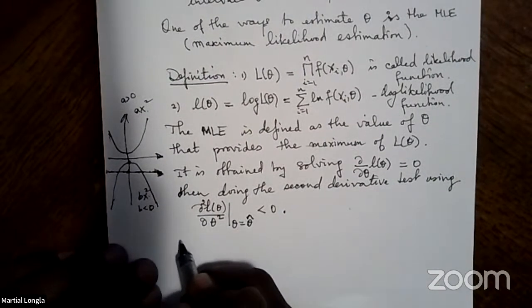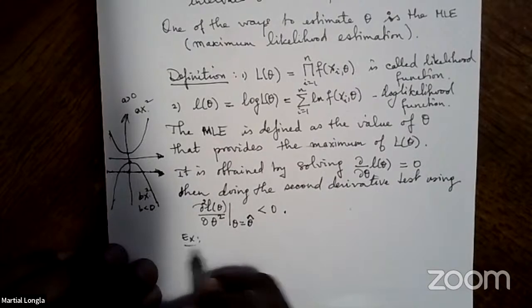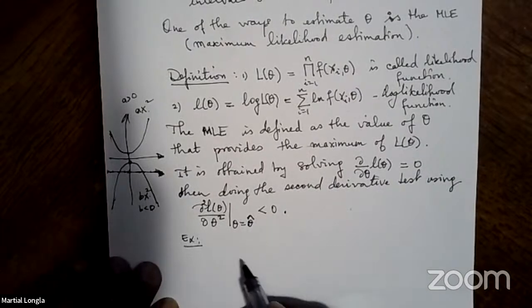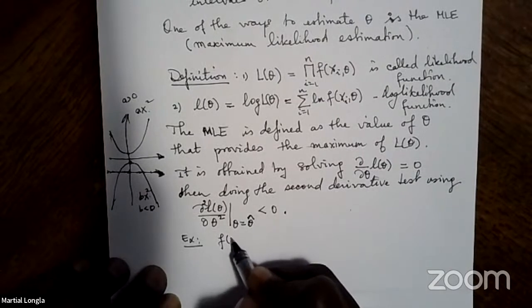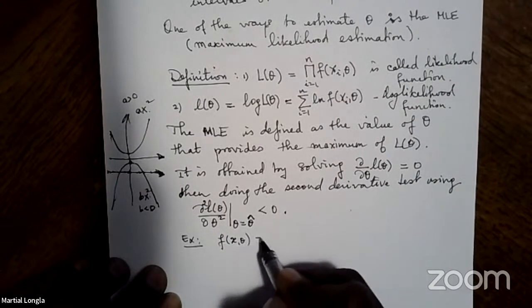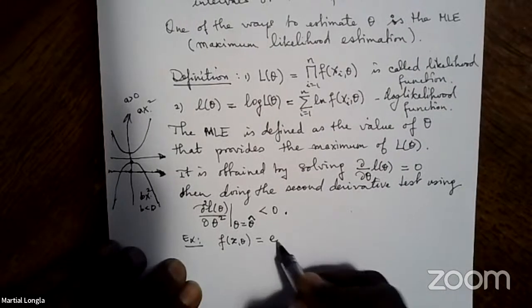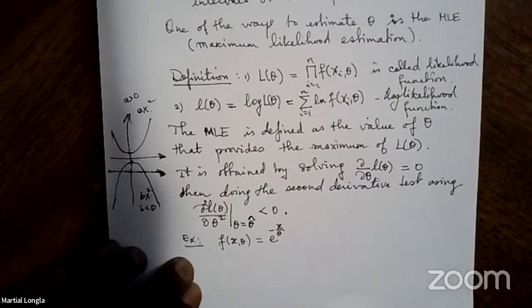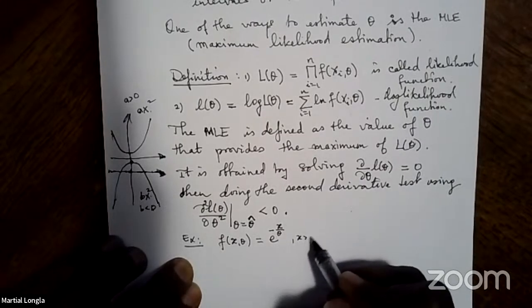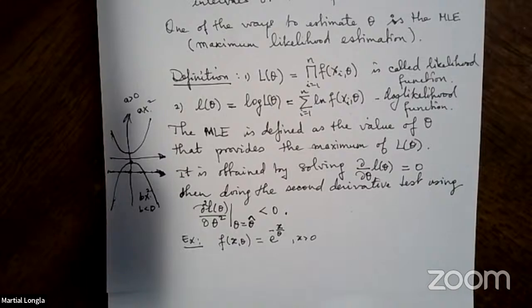Let's see, we have an example. f of x, theta equals e to the minus x over theta, x positive, for example.